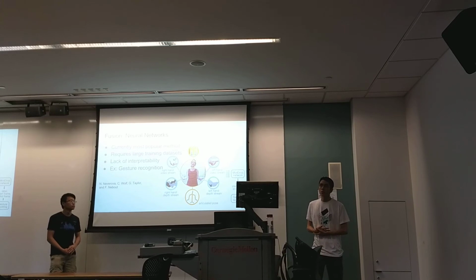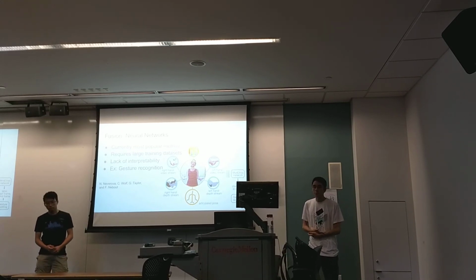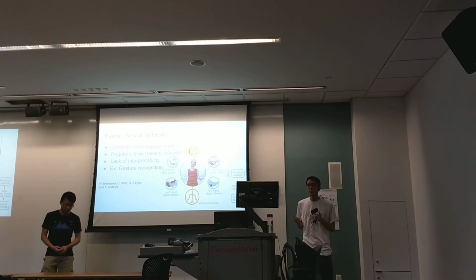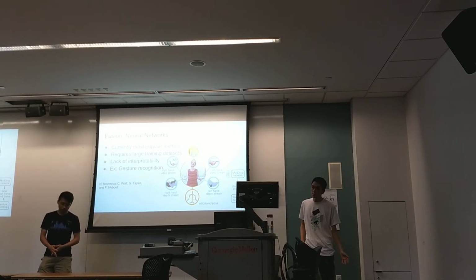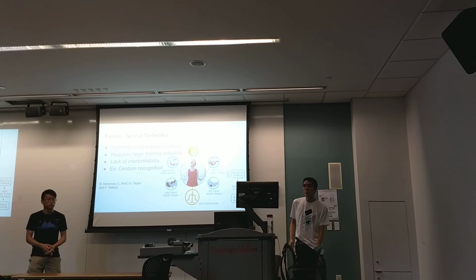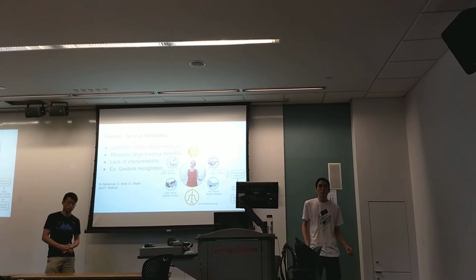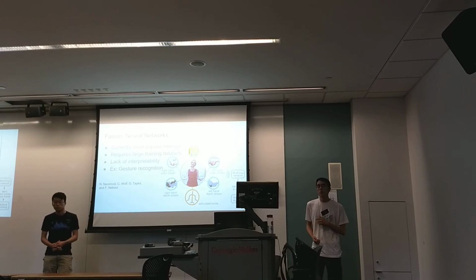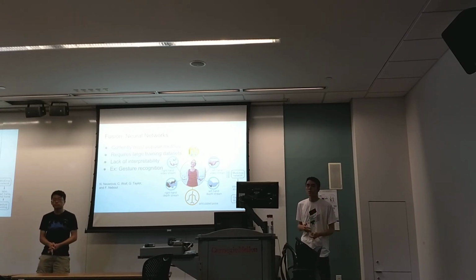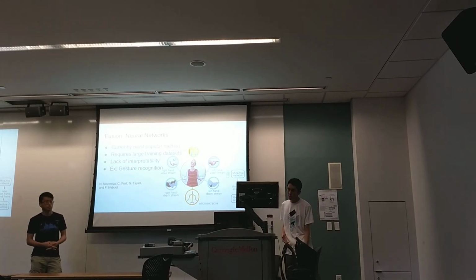However, the disadvantages are you need a large data set to use them. So if you don't have a very large data set, then you have to resort to something like multiple kernel learning. And neural networks also are harder to interpret, so they can give you a prediction model, but then it's harder to figure out what factors were important in that prediction.